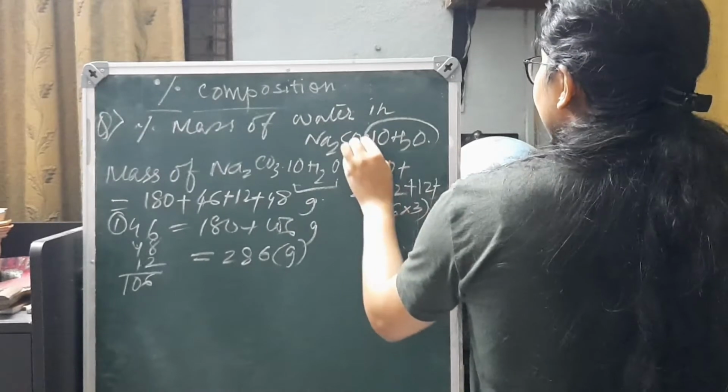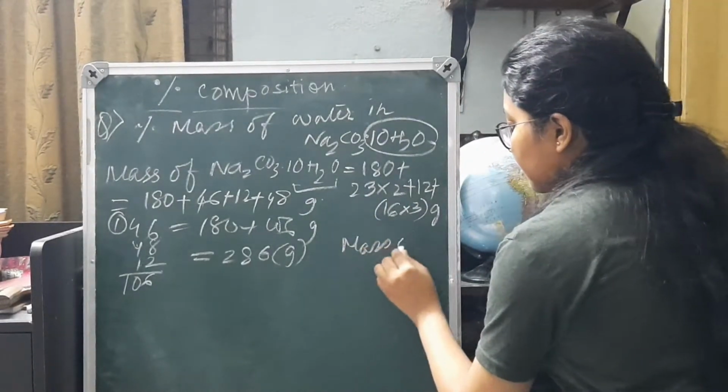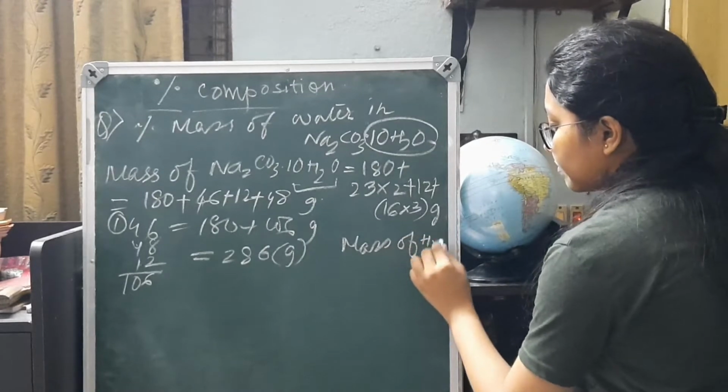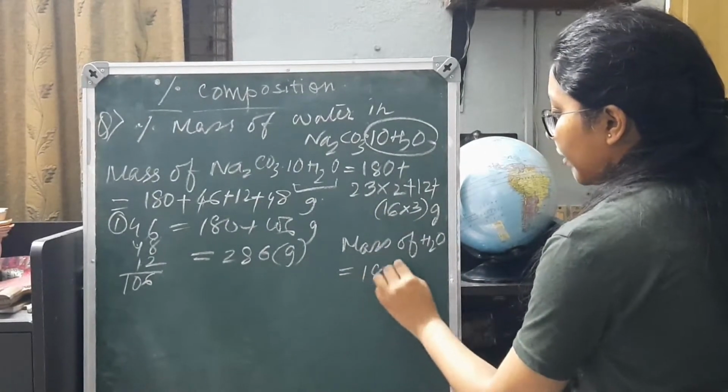There are 10 such water molecules. So the mass of water is 10 times 18, that is 180 gram.